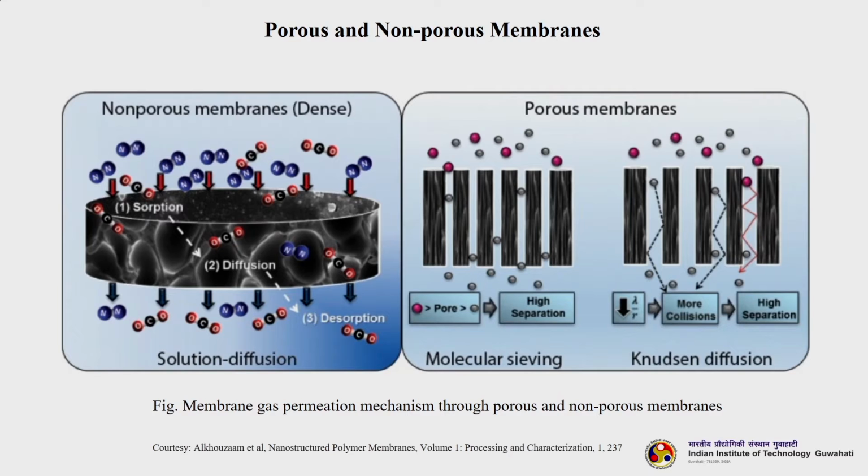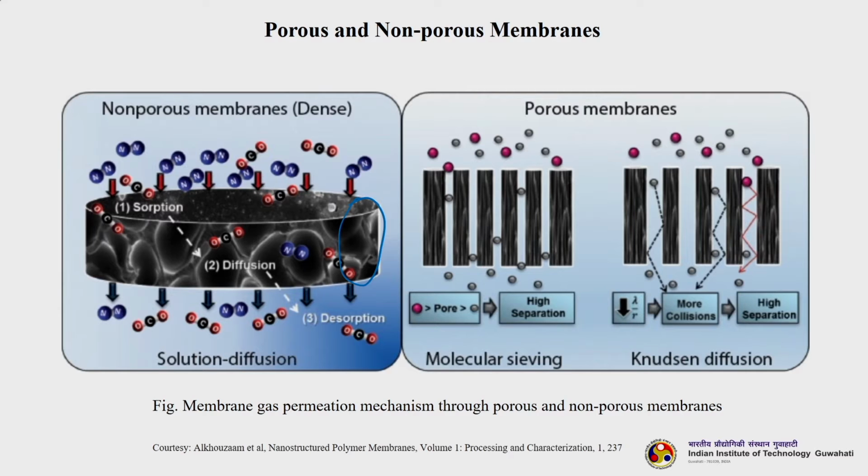Initially the solutes which are supposed to permeate through the membrane come and sit on the surface of the membrane, and by virtue of their solubility they solubilize inside the membrane matrix. Once they solubilize, by virtue of their diffusivity they travel across the membrane material and then they permeate out. Here there are no pores, so solubility and diffusivity play the important role.